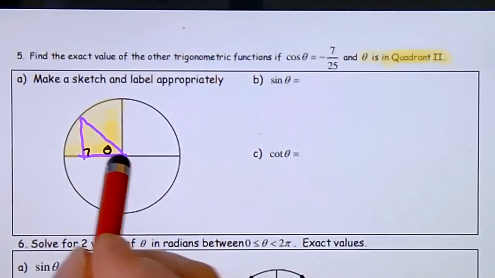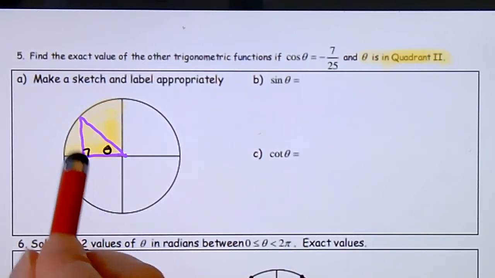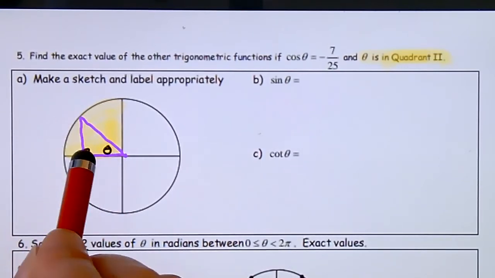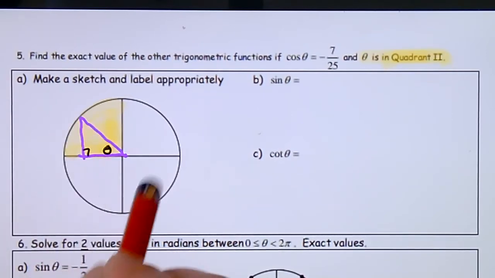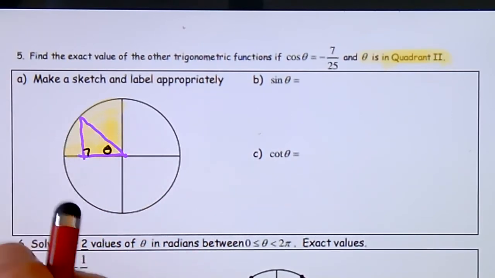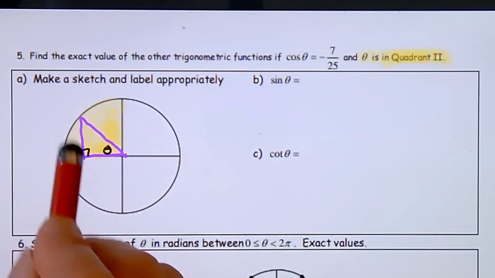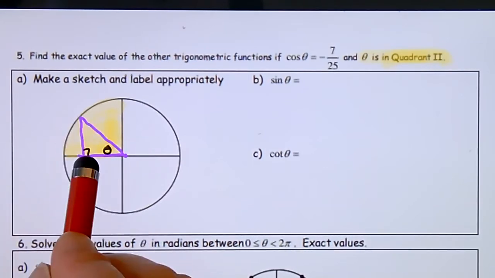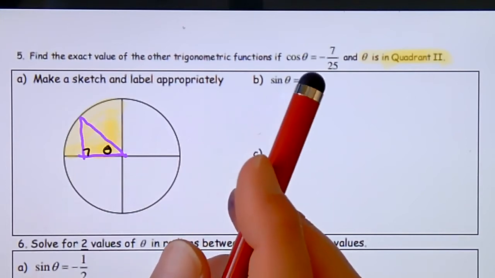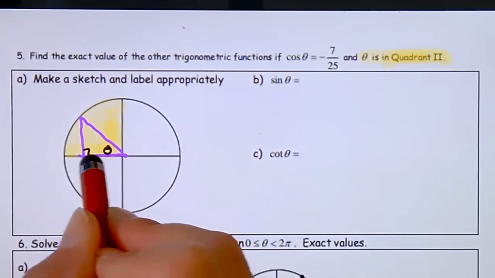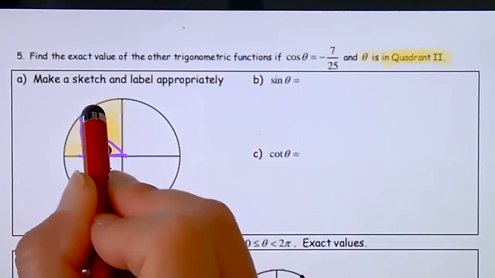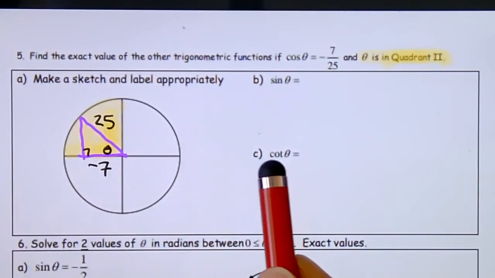Now, first off, this is going to be a negative. This is going to be a positive because of the quadrant I'm in. Your hypotenuse will never, ever be negative. I don't care what quadrant you're in. You'll only have negatives on one of the legs, not your hypotenuse. In this case, it's negative 7/25, which is adjacent, and I am going in the negative direction, so that's my negative. And then here's my hypotenuse.